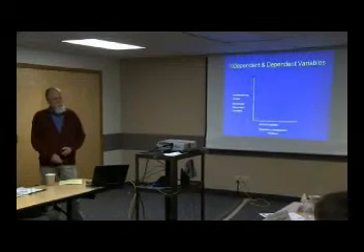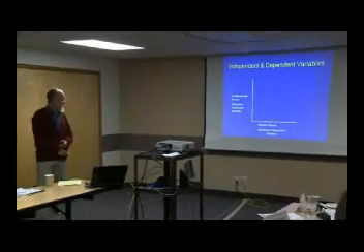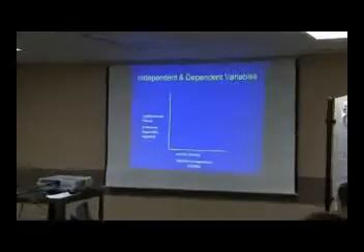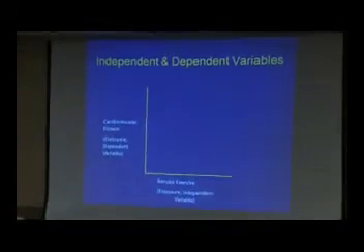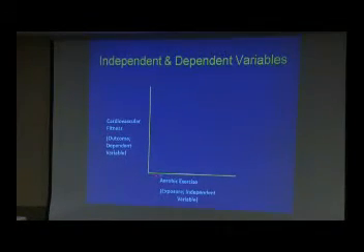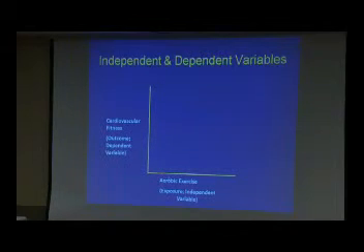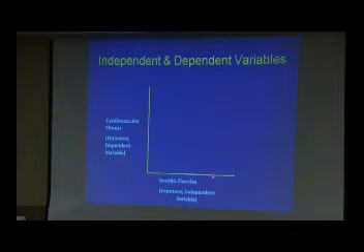Here's a different example. Again, we have an exposure or an independent variable. In this case, we're looking at aerobic exercise. So someone whose average aerobic exercise is down on this side of the line would be doing less aerobic exercise than someone whose average aerobic exercise is on that side. The outcome, or the dependent variable, is cardiovascular fitness.